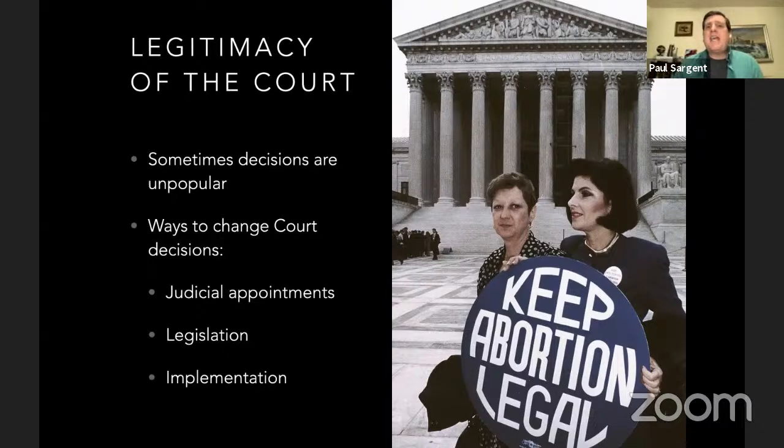And of course, the implementation of the court decision can change the way that the court decision works. If the bureaucracy, maybe at the behest of the president, drags their heels, implements things slowly, that can really affect the court decisions. You know, the court case of Brown versus Board of Education was heard in 1954, saying that schools should be desegregated.